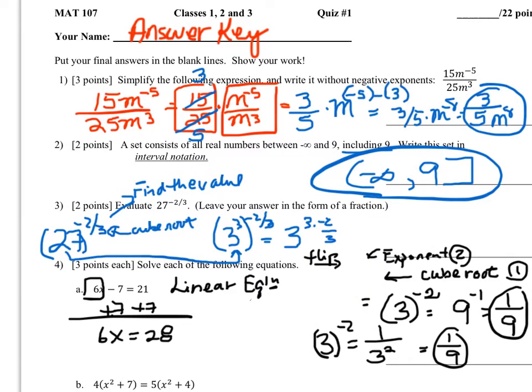Okay, and now from here you have 6x equals 28, and to undo multiplication you divide both sides by 6, and you get x equals 28/6, which when you reduce it is 14/3.